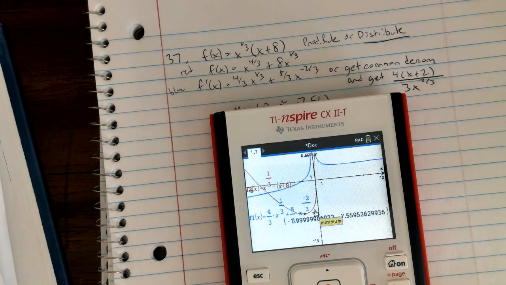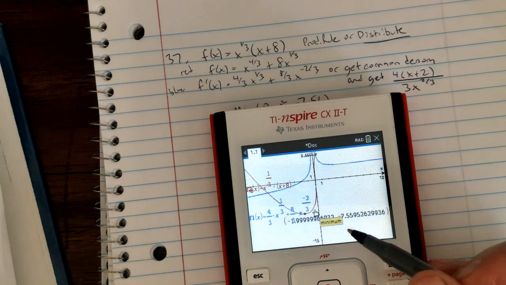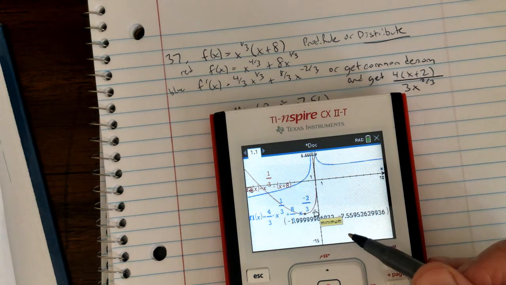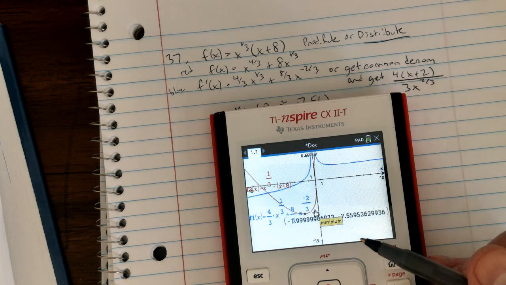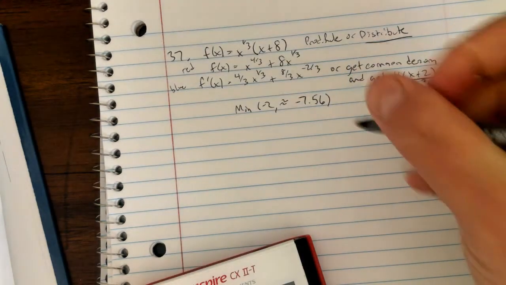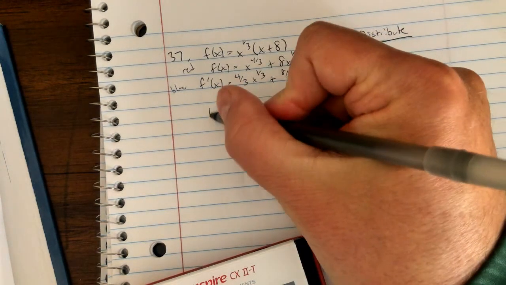And so we'll have to get an exact number for that. And that would be a local minimum. Okay, local minimum.